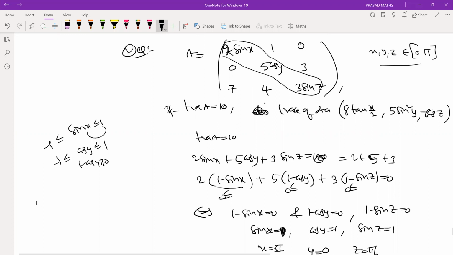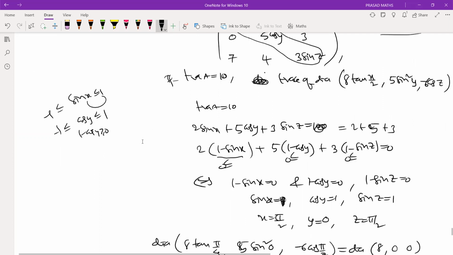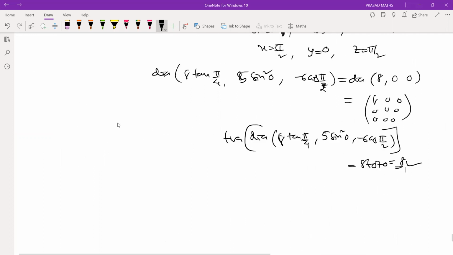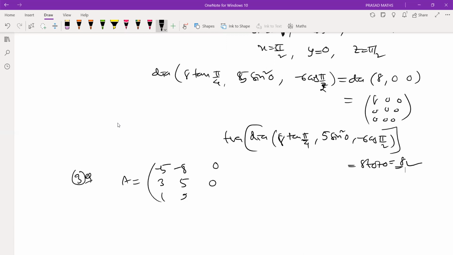Next, suppose you are given a question. A equals -5, -8, 0, 3, 5, 0, 1, 2, -1.